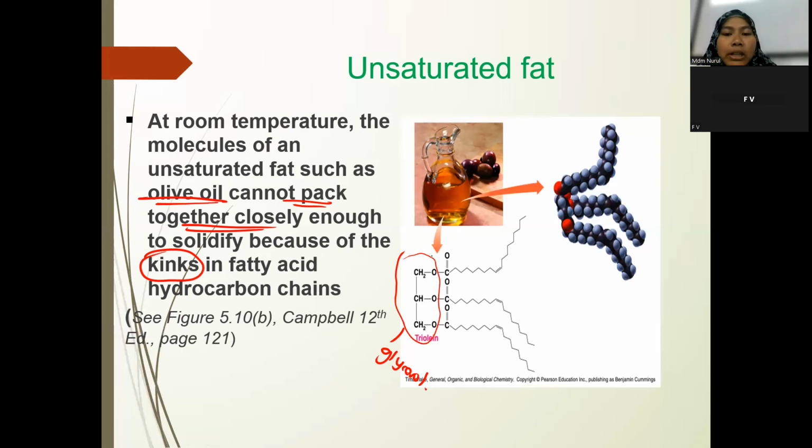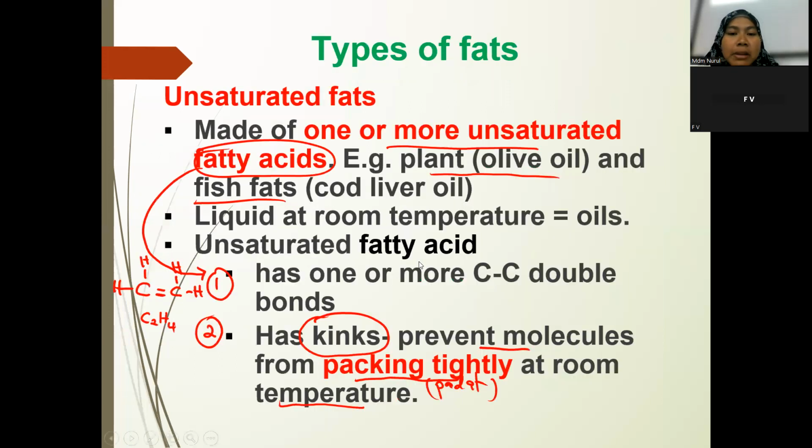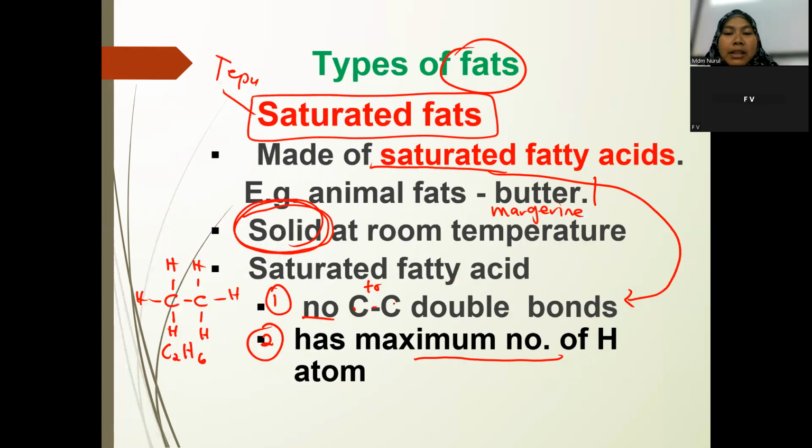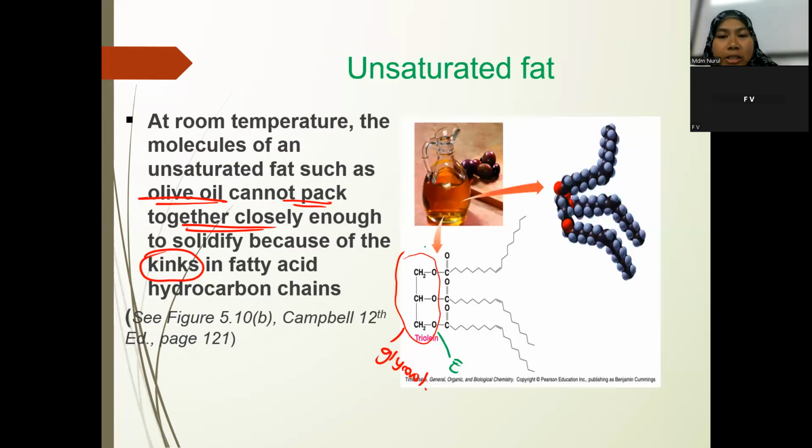Yang ada O tengah-tengah tu. Ni O, antara O dengan O. Kat sini. So this is salah. Salah. Ni tengok kat sini tadi. Mana ester? Dengan C double bond O sekali. Okay. So sini sampai sini ni. Ni adalah kawasan ester linkage.